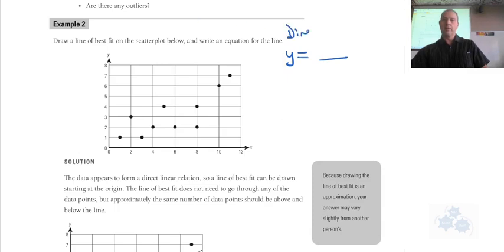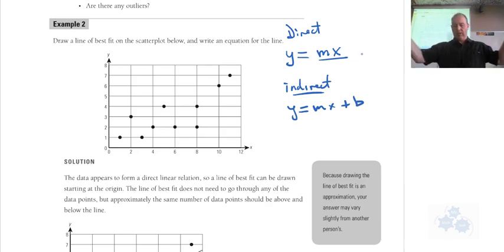Who remembers? Y equals mx. Direct is just y equals mx. Indirect is y equals mx plus b, and b would be the intercept. Technically, you could say plus b for both of them, really, but b would be 0 in the direct.